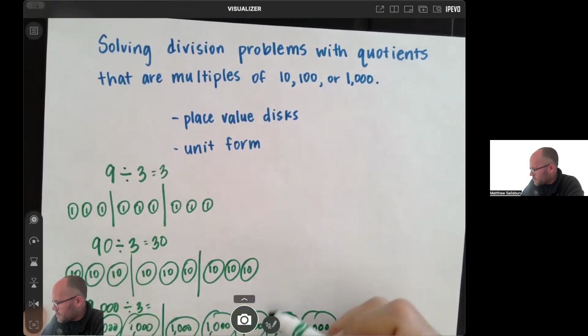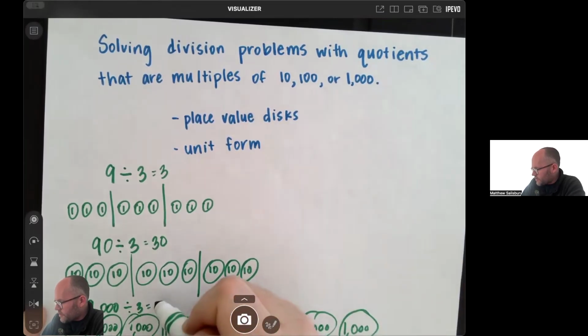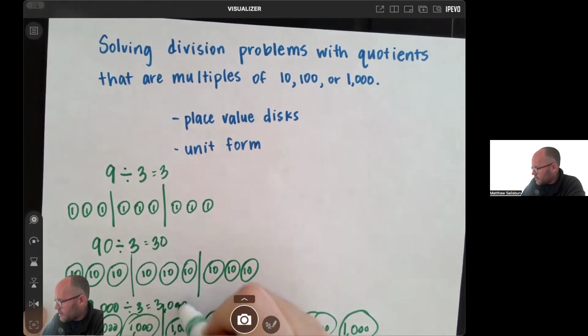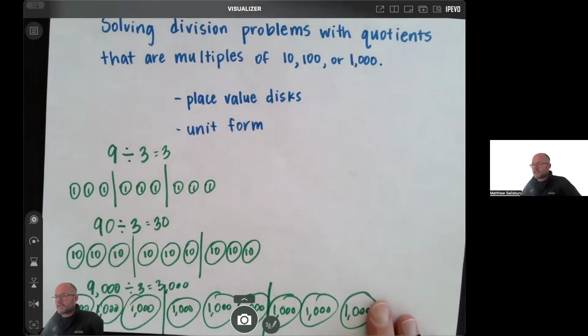We can split it into these 3 groups, and each group has 3,000. So you can definitely draw disks to do this.